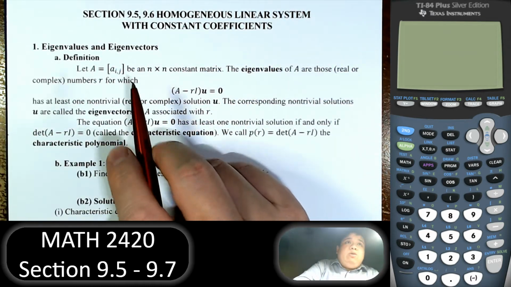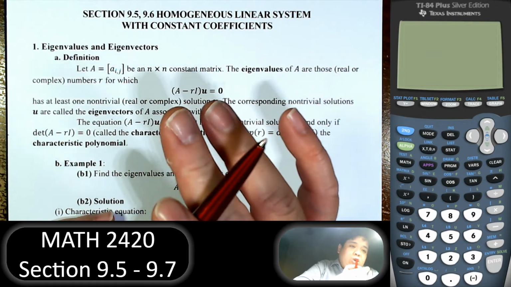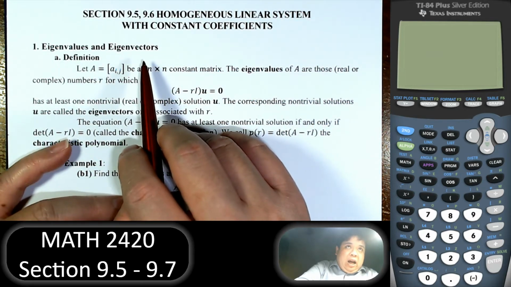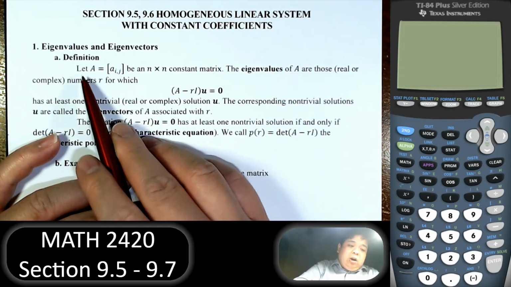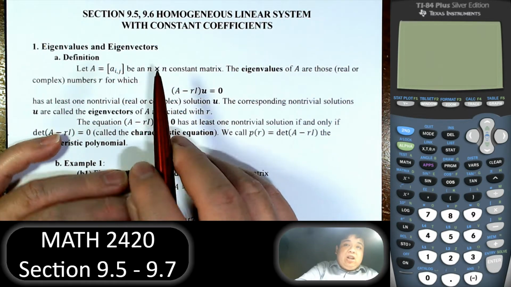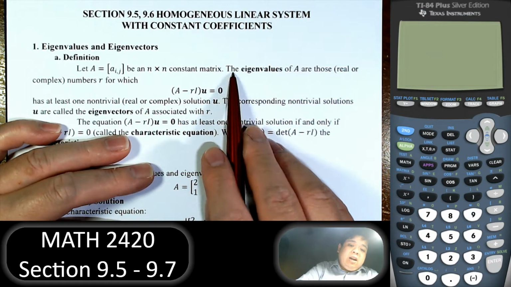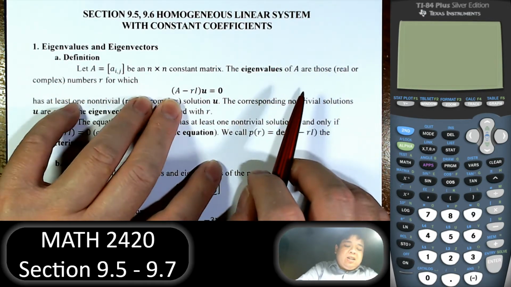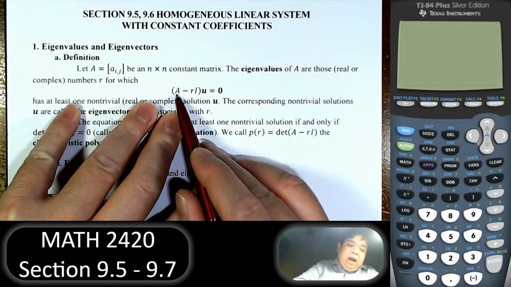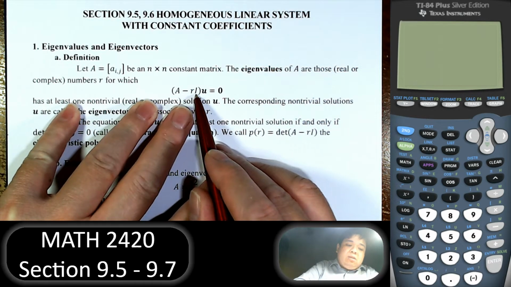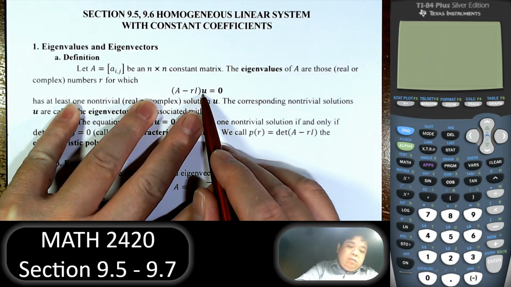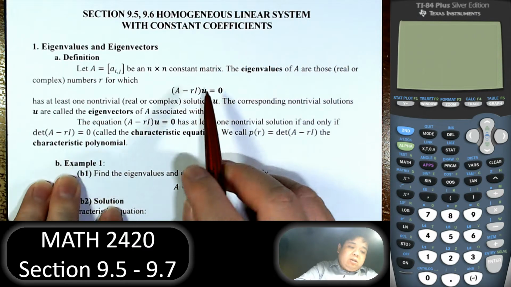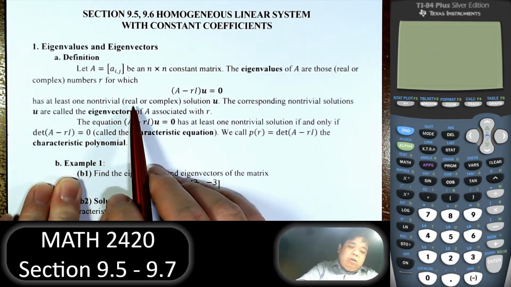Alright, so first, in order to write the solution for a differential equation, we need to have eigenvalues and eigenvectors. If A is an n by n matrix, so that is a square matrix, the eigenvalues of A are those real or complex numbers R such that (A minus R times the identity matrix) times the vector U equal to the 0 vector has at least one non-trivial real solution.